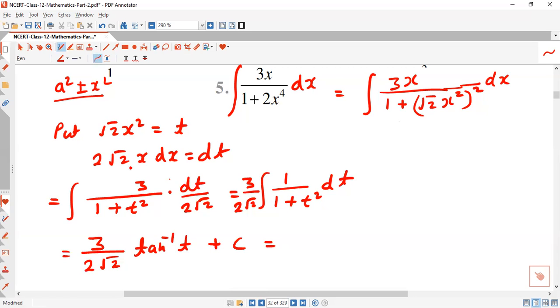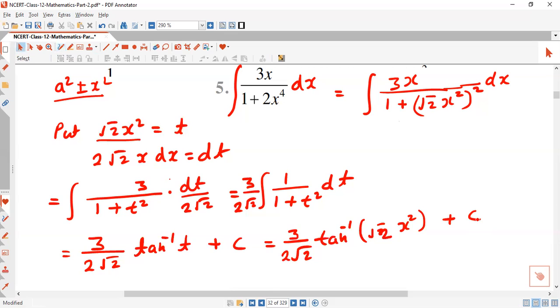Now put the value of t equal to root 2 x square. So 3 upon 2 root 2 tan inverse of root 2 x square plus some constant c. This is the answer of question number 5.